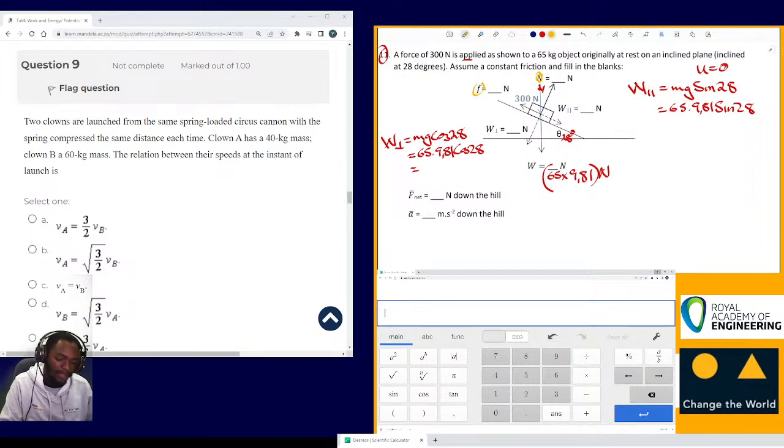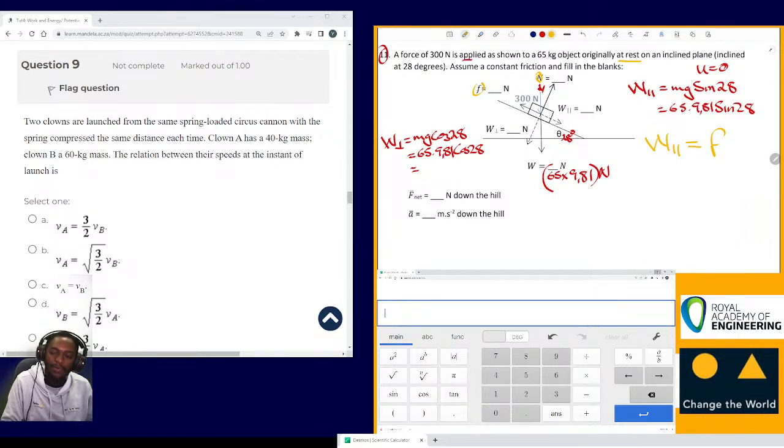Assume a constant friction. The object is initially at rest. So what does that mean? When the object was originally at rest, it means that the component of the weight down the slope was equal to the frictional force.